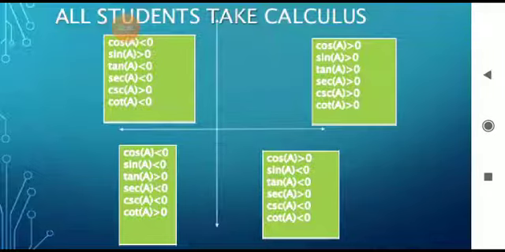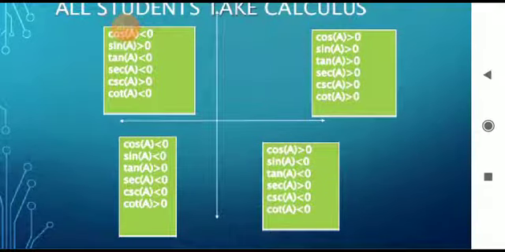Next quadrant: after all, comes student. Student means S. Sin starts with S, so S stands for sin. Now if sin is positive, then it is essential that cosec is also positive. So in the second quadrant, sin and cosec, only 2 ratios, are positive, and the others are negative.